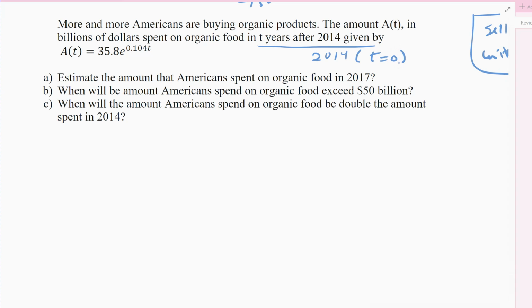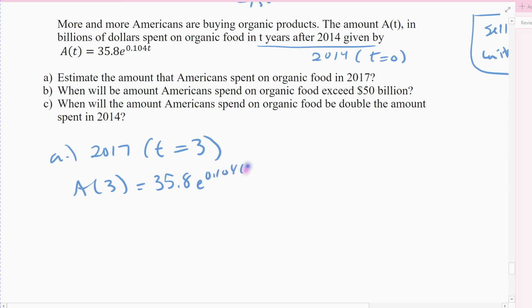Part A: estimate the amount that Americans spent on organic food in 2017. 2017 is 3 years after 2014. So the t value, I don't plug in 2017; I plug in 3 years after 2014. And so I'm going to find A of 3.